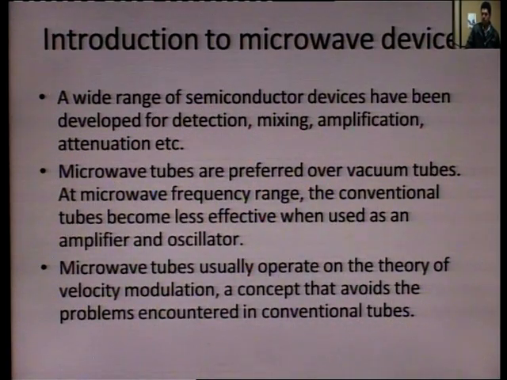So, generally instead of a semiconductor amplifier, we prefer vacuum tubes. But generally the ordinary or conventional tube cannot work at microwave frequencies because of some effects. I will explain it in the next slides. So, microwave tubes usually operate on the theory of velocity modulation, a concept that avoids the problems encountered in conventional tubes.